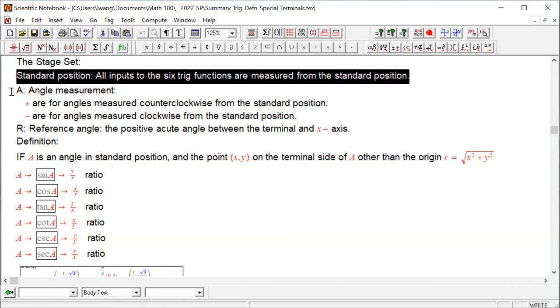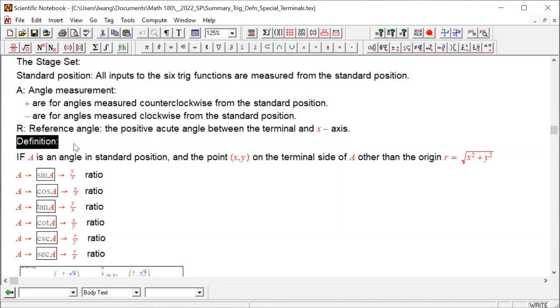Standard position, angle measurement, reference angle, definitions. I call it ARD, okay? A for angle measurement, R for reference angle, D for definitions of all 6 trig functions.